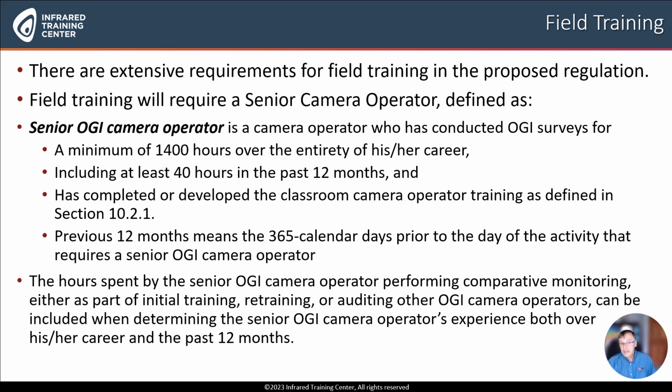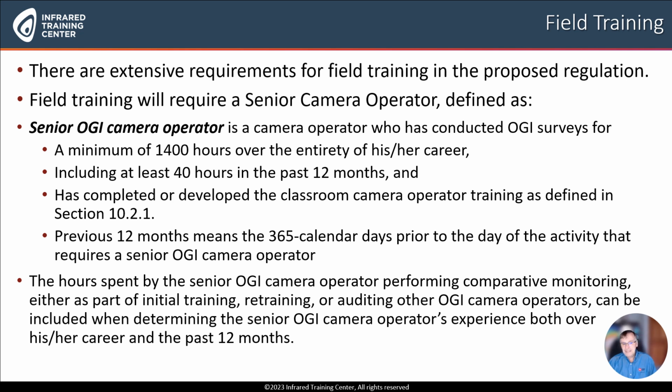Now, that also has to include at least 40 hours in the past 12 months, and they have completed or developed a classroom operator training as defined in Section 2. And in, the hours spent by these camera operators performing comparative monitoring. So this is where the field training comes in.